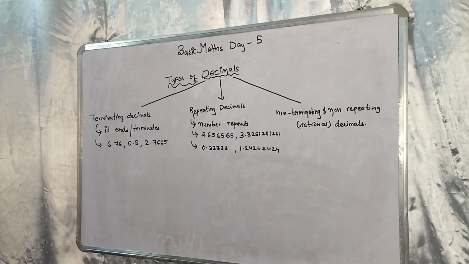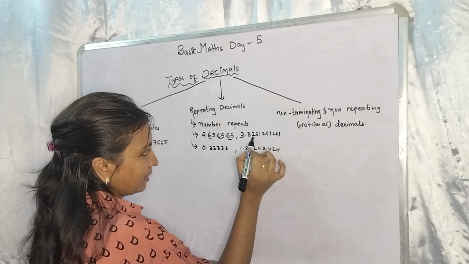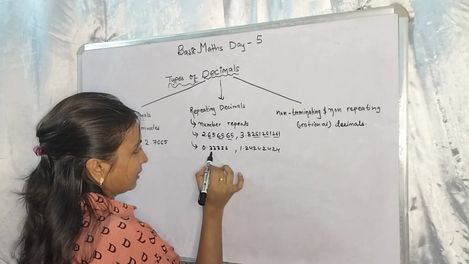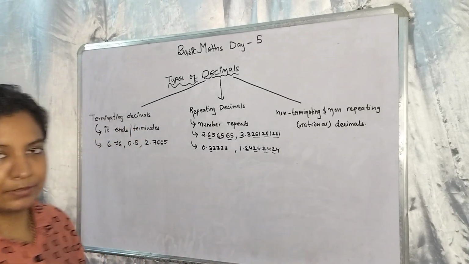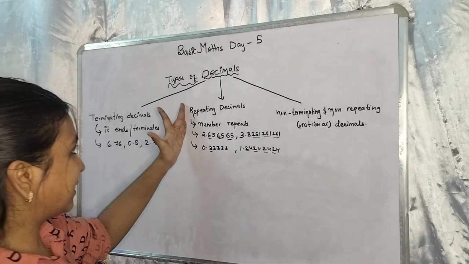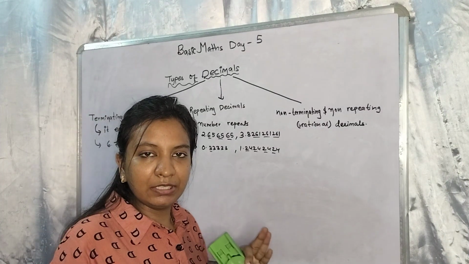Here you can see that these two numbers are getting repeated, here these three numbers are getting repeated, here this one number is getting repeated. So this is the second type of decimal, where numbers get repeated in a similar fashion.